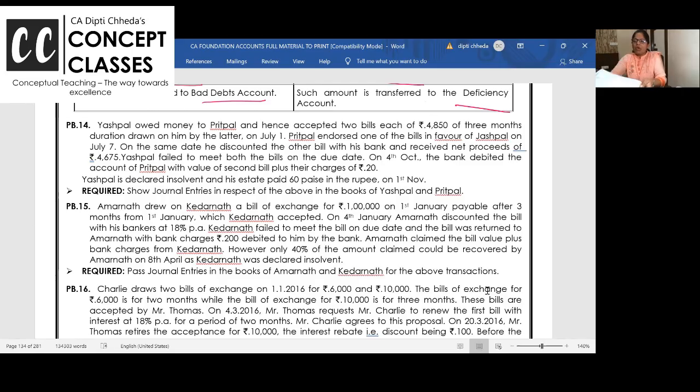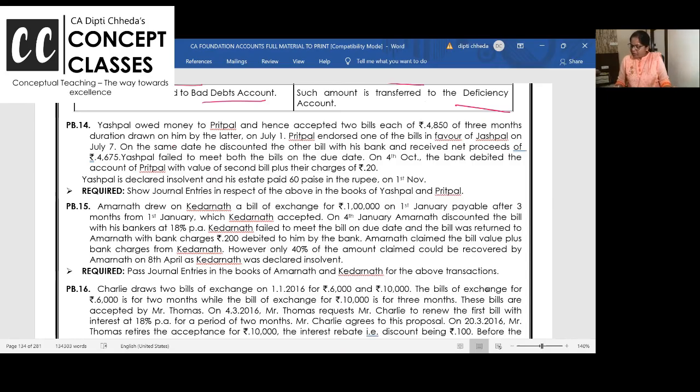The 13th problem is the same combination problem for interest. You can do it as homework. Okay, 14th problem we are doing right now in class. Yashpal owed money to Pritpal and hence accepted 2 bills, each of 4850, of 3 months duration, drawn on him by the latter.